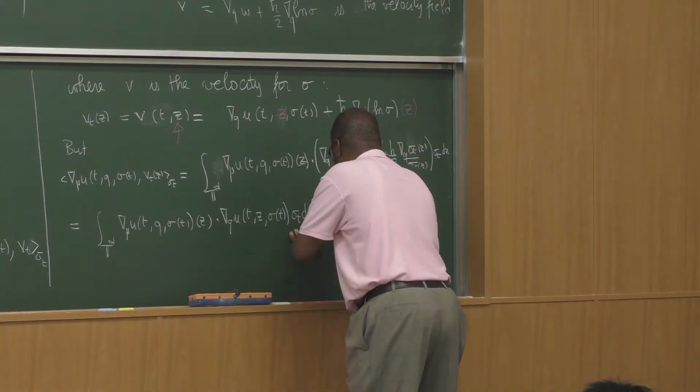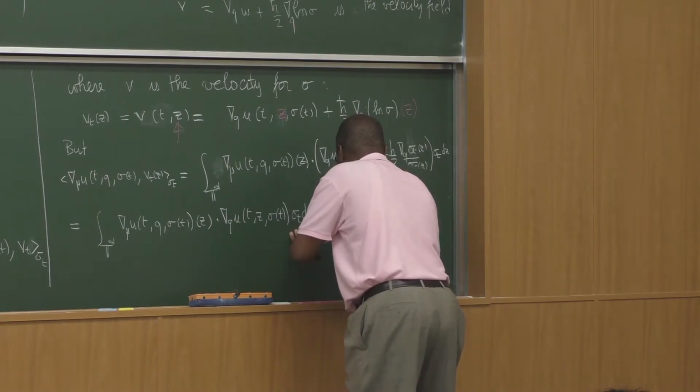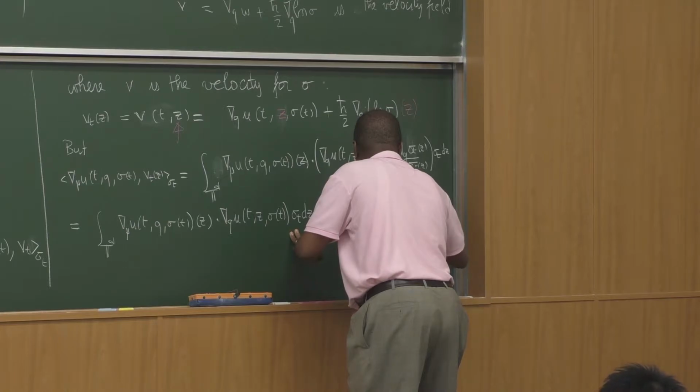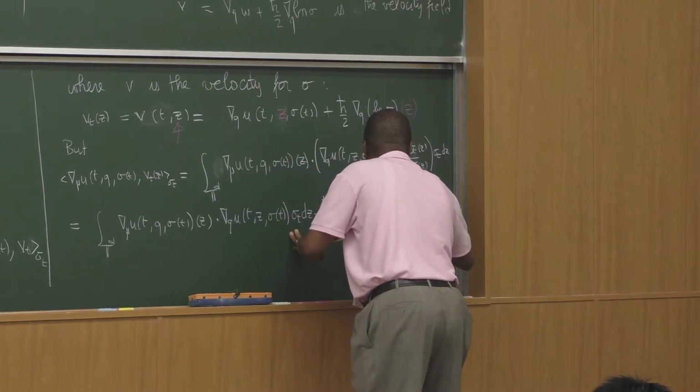Minus h bar over 2, the integral over the torus, divergence in z of gradient mu of U at t, q, sigma t of z, sigma t of z dz.